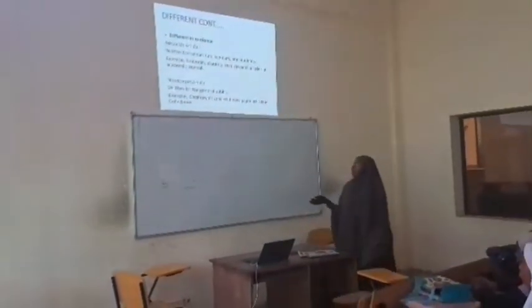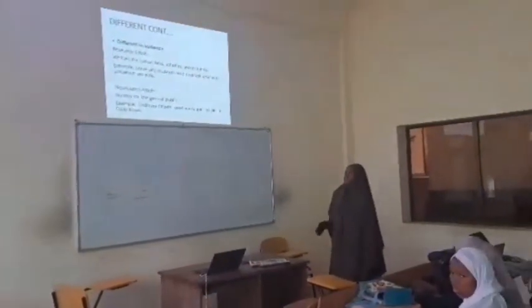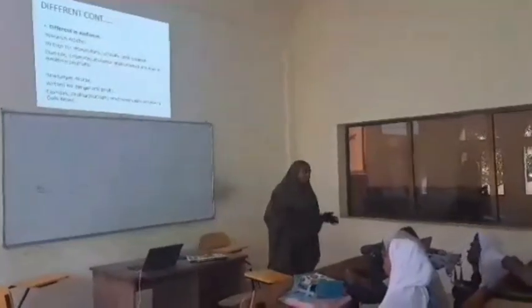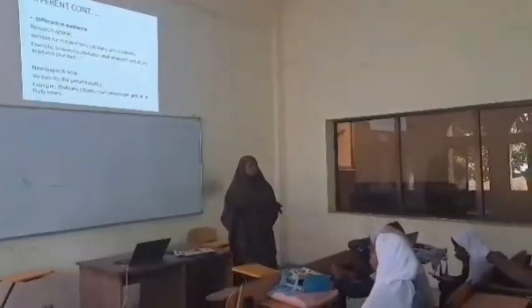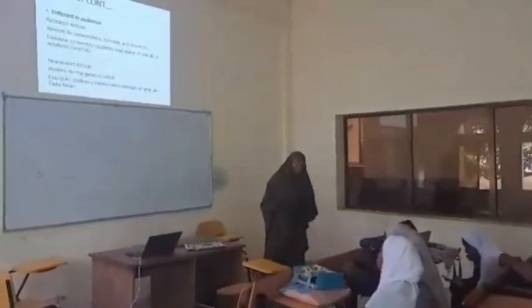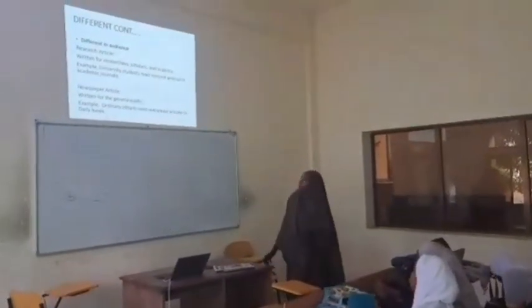Research articles are written for researchers, scholars, and students. As you know, when we are in diploma, we do research or projects. So for the projects, we must find the students, the other teachers, and scholars so as to make our project succeed.